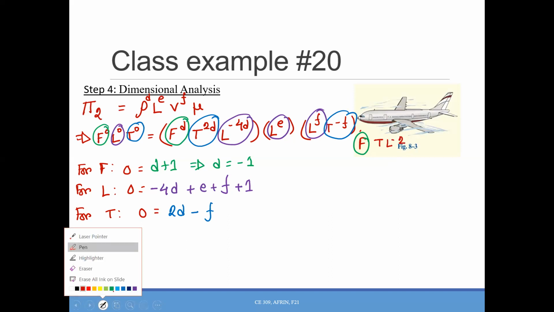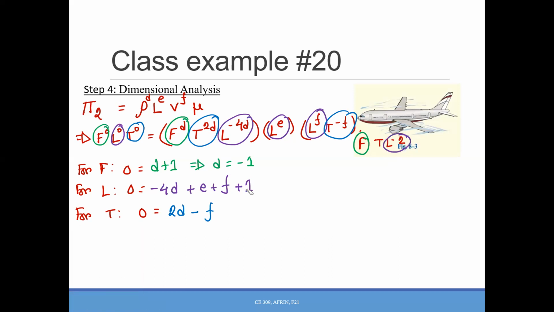Okay, so when we work with L, that should be negative 2. So that is negative 2. And now when we are working with T, this is the 1, so 2D minus F plus 1.